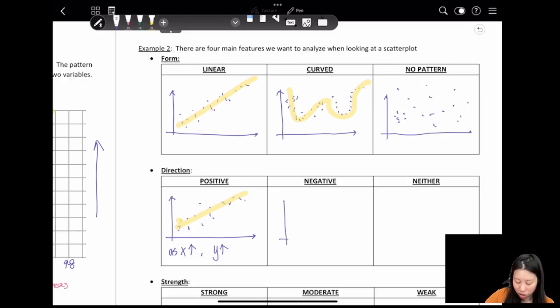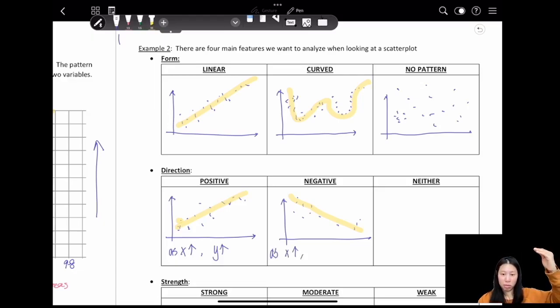So the negative is going to look something like this. The scatter plot is going down. What does going down mean? That means as x increases, y goes down. Lastly, neither. There are two types.